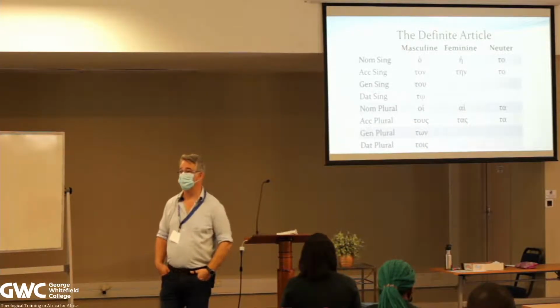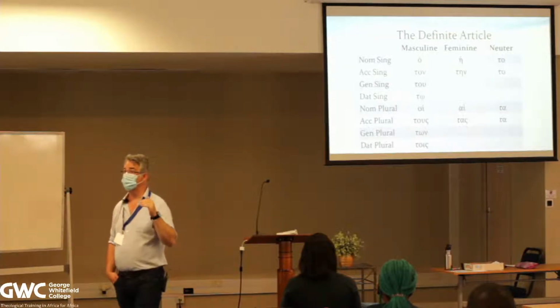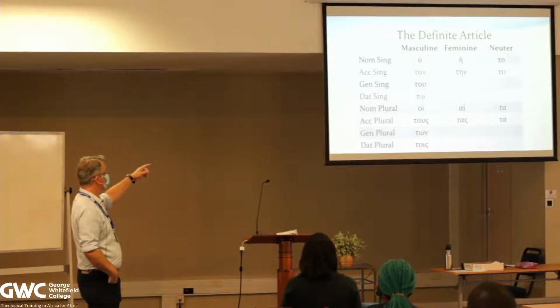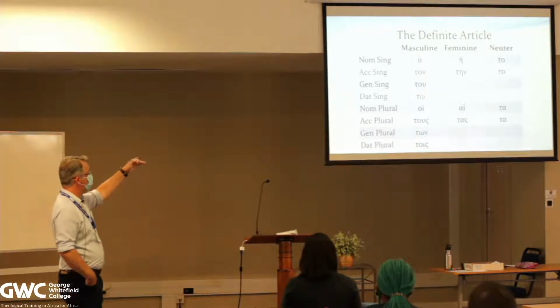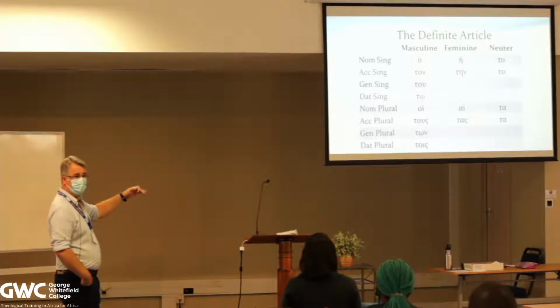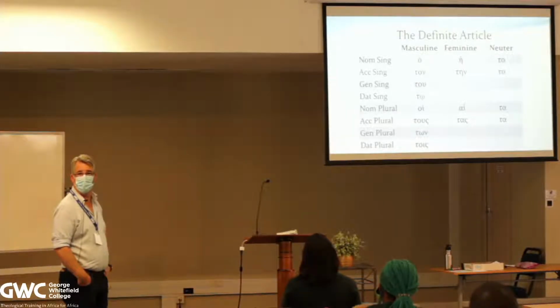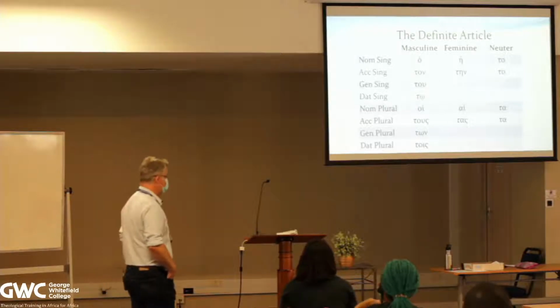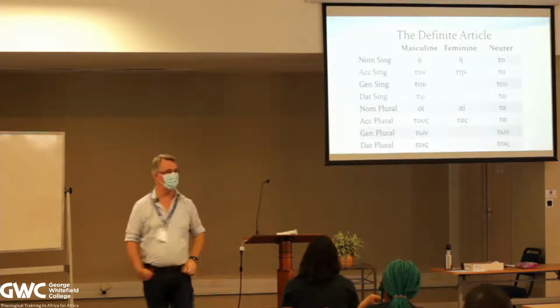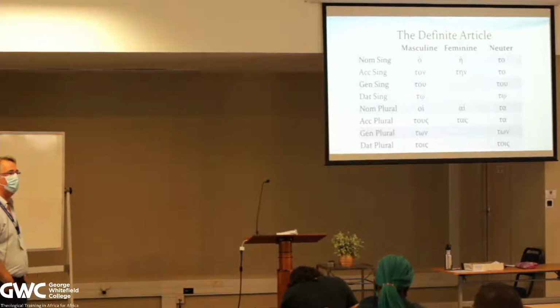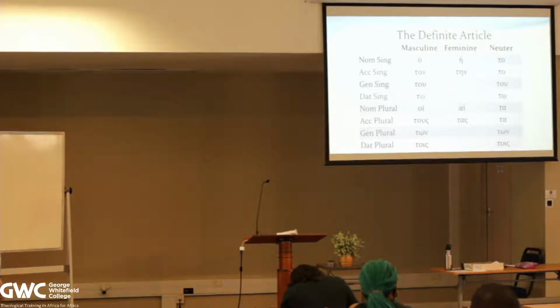So what would you expect the article to be for the neuter? You'd expect it to be to, tou, to, ton, tois, wouldn't you? Just like that because they're just the same. And it is that. That's the good news. No buts. It's exactly what you want. So we know it. It's easy.